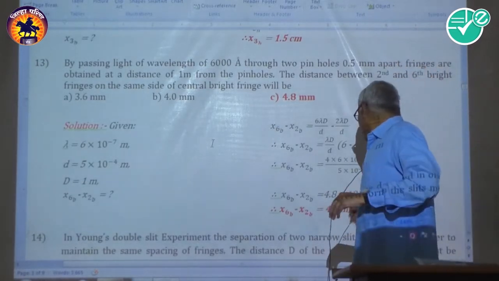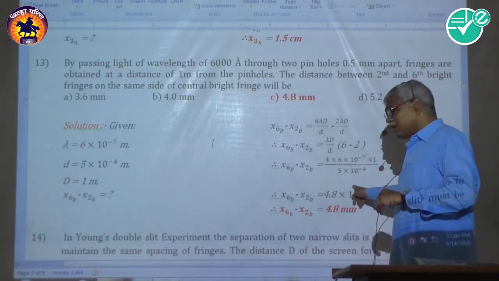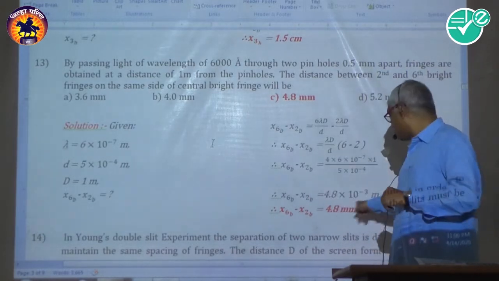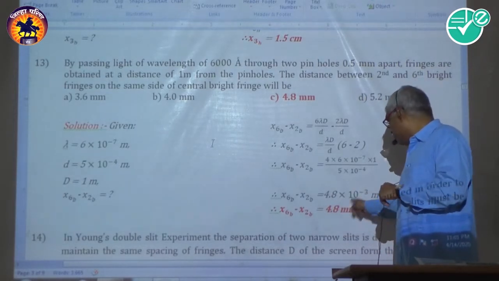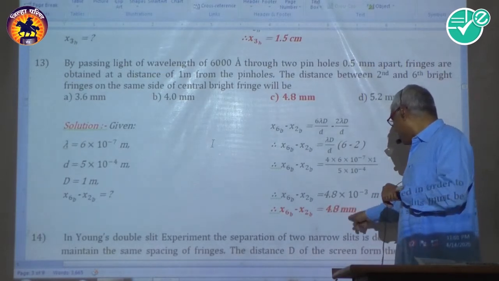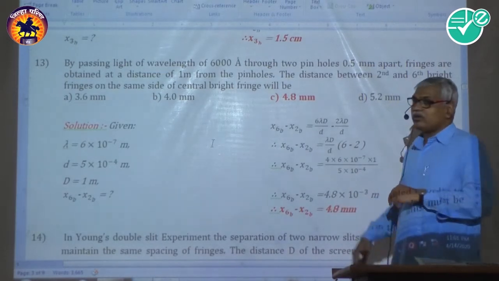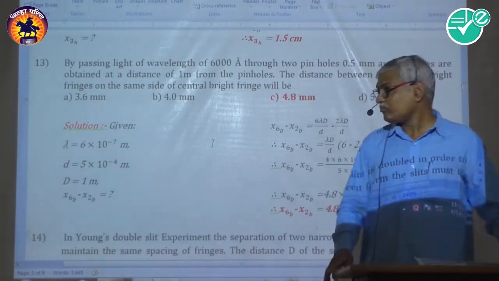Therefore, 4.8 into 10 to the power minus 3 meter, right? 10 to the power minus 3 meter is equal to 1 millimeter. Therefore, for 10 to the power minus 3, put milli. Therefore, we get 4.8 millimeter. This is option C given in the question.